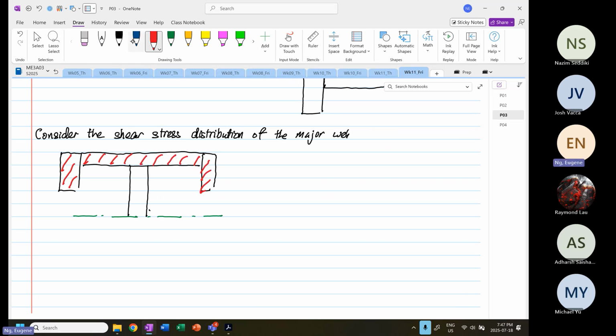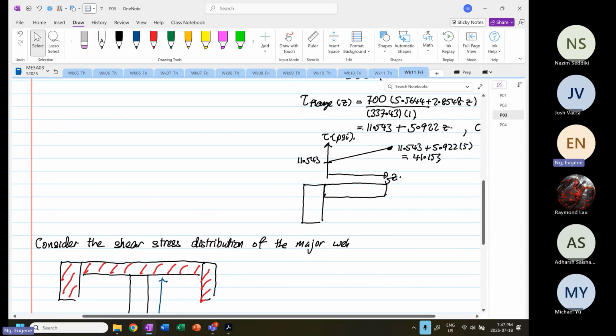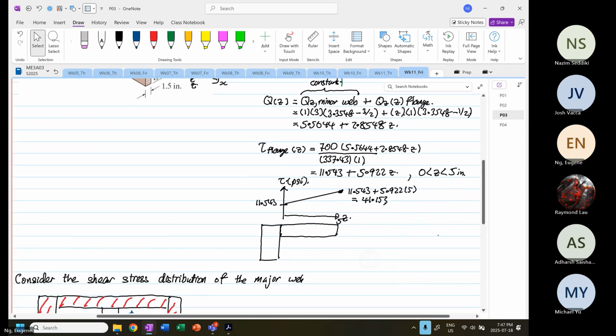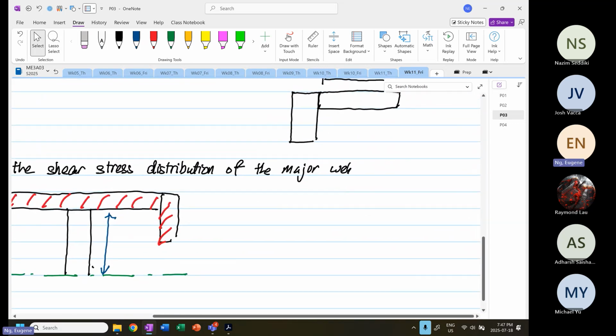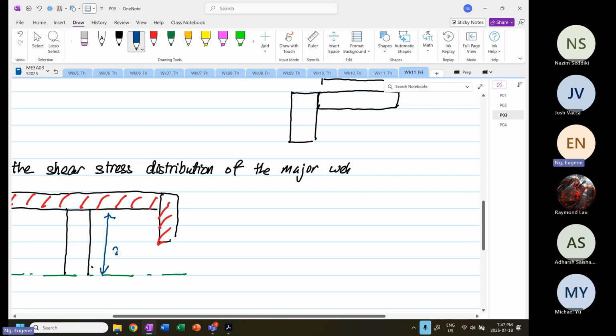So now we know that the distance from here to here, oh, different color. So this will be equal to 3.3548 minus 1, okay, 2.3548. And if you look at the function now, it's a function of y, right?